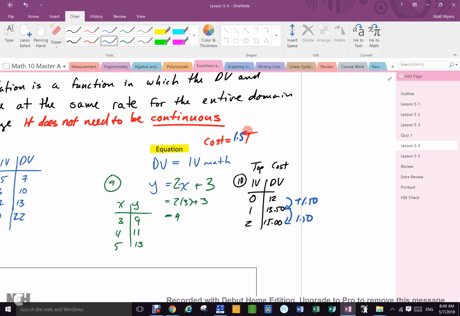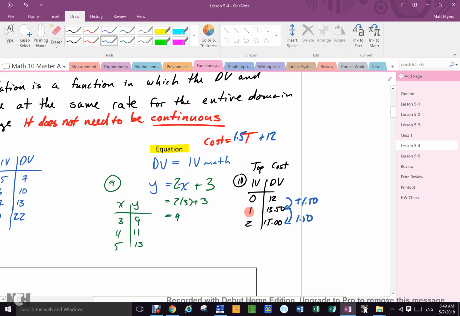All right. Let's check if that works. My IV is toppings, correct? What happens if I put 0 in for T right here? What's 1.5 times 0? 0. Do I get the pizza for free if I don't put toppings on it? What's it cost me? $12. So I must have to add 12. Everybody agree? Now let's check if that works.